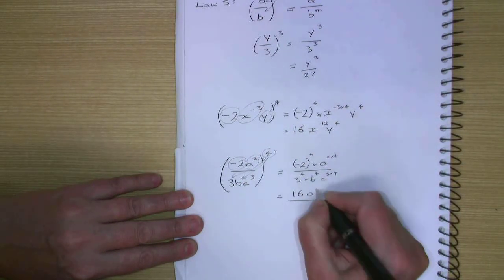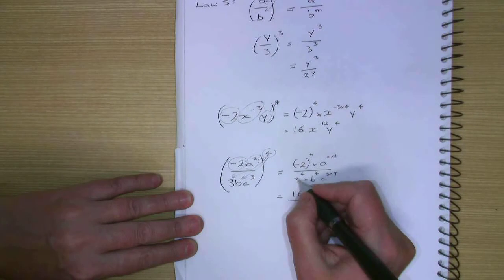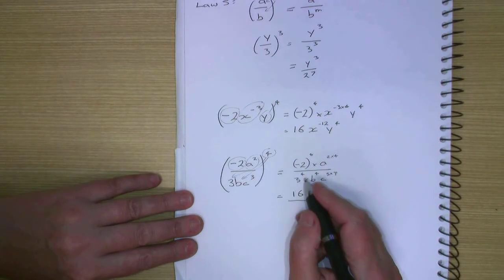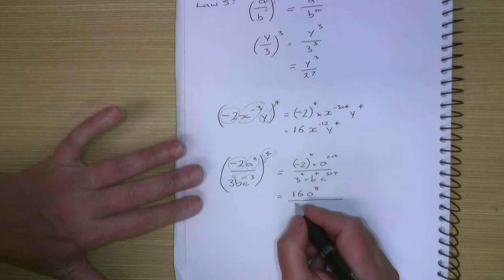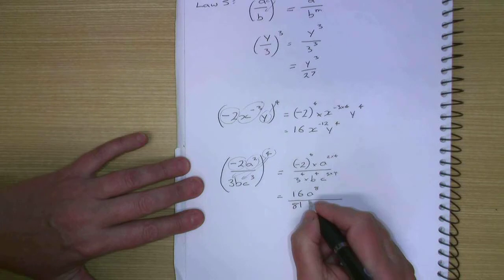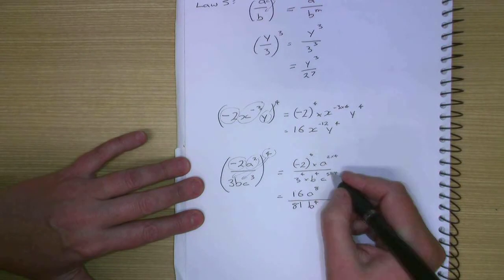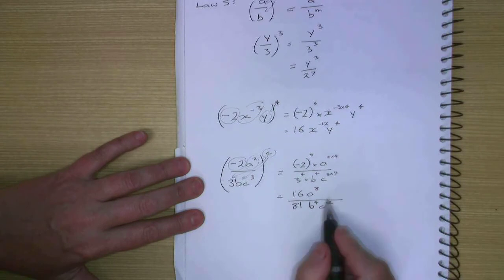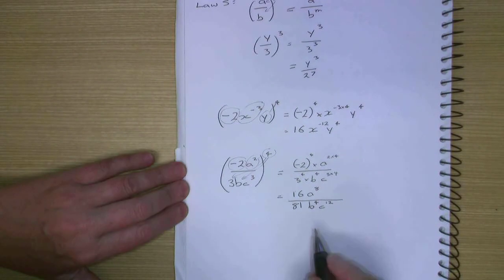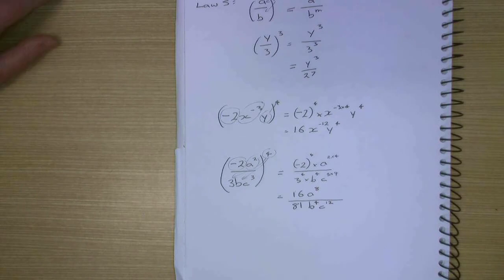Now let's go below the line. The 3 to the power of 4, b to the power of 4, and c cubed to the power of 4, and we need to multiply that by 4. Minus 2 to the 4, we already did that up there, so that's 16.